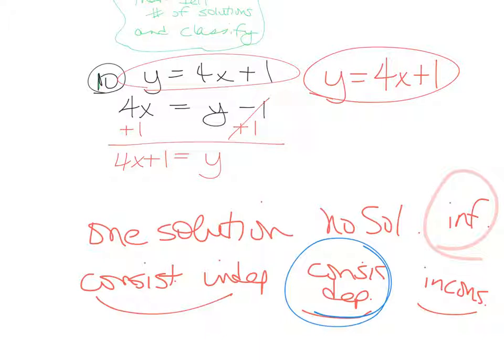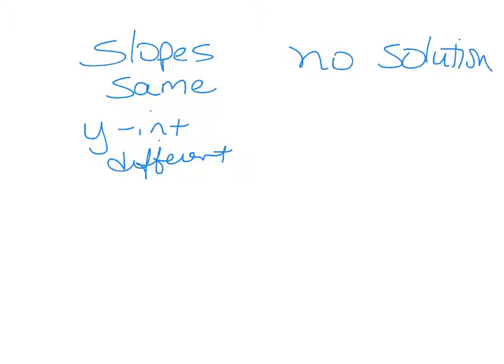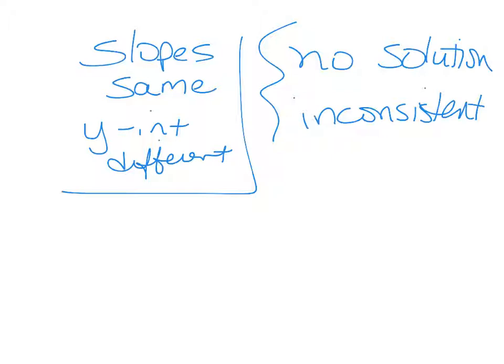So again, just to recap, when the slopes are the same and y-intercepts are different, this is when we have no solution because the lines are parallel and it's inconsistent.